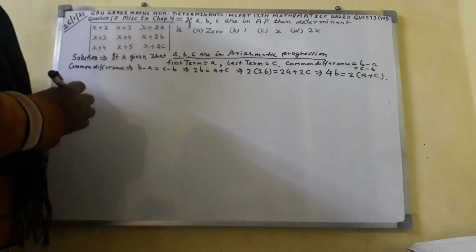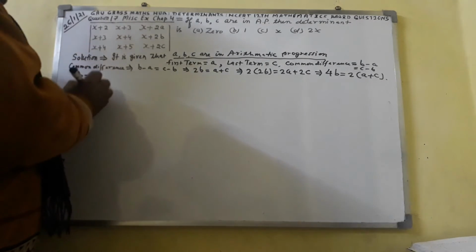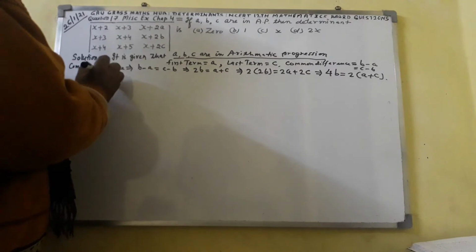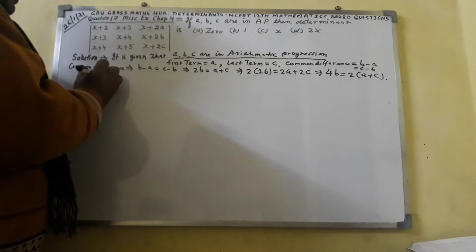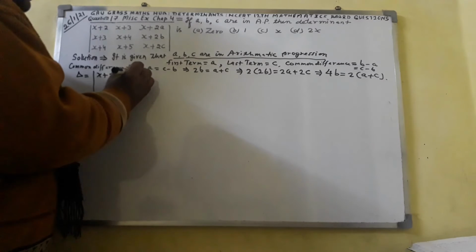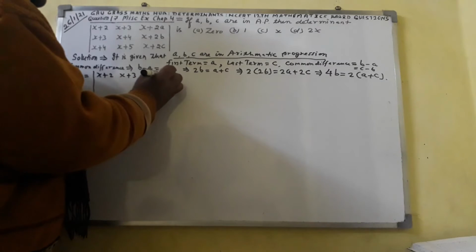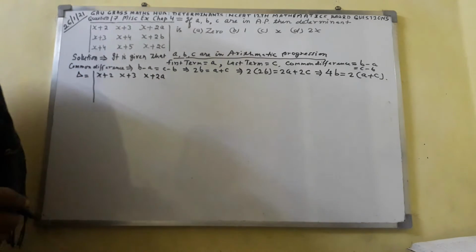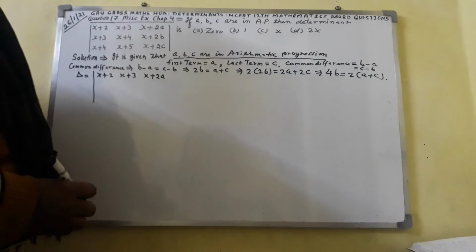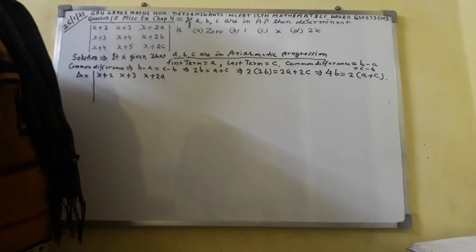Now think over the determinant here. Here I shall write the given determinant: elements of first row x plus 2, x plus 3, x plus 2a.